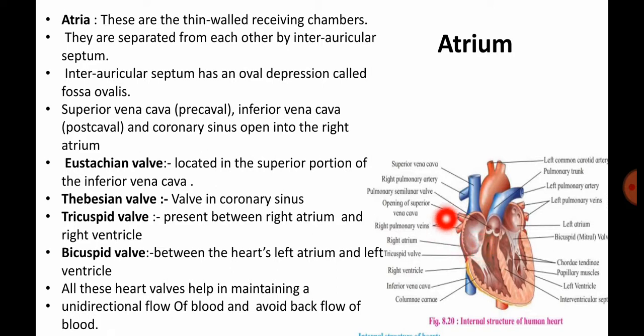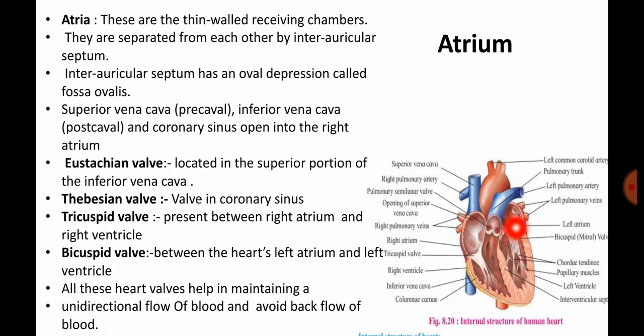These 3 bring the deoxygenated blood towards the right atrium and oxygenated blood is brought by the left. You can see here 4 passages are there. These 2 and at the back side there will be 2.